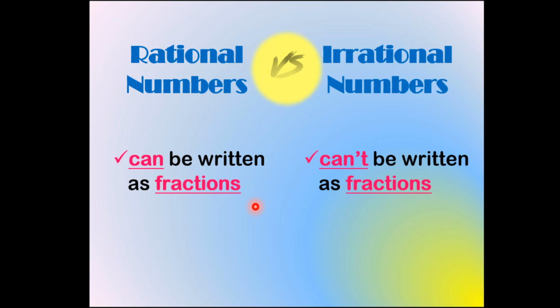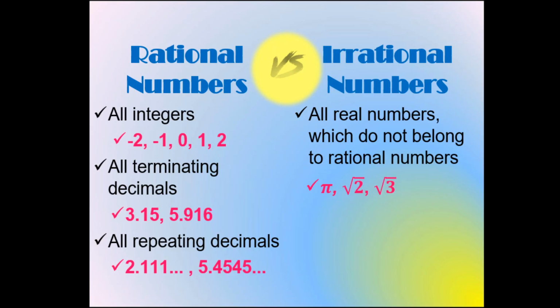Rational, we can write as fractions. Irrational, we can't write as fractions. So these are some examples of rational and irrational numbers.